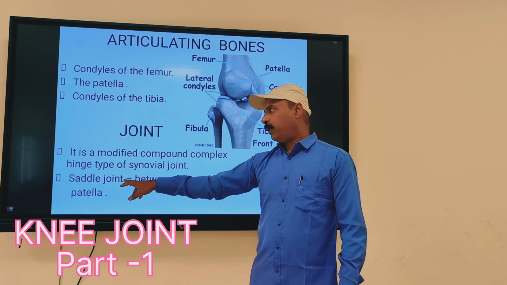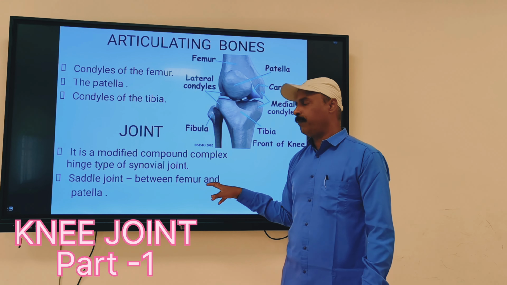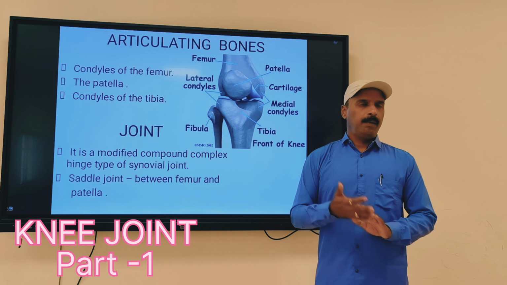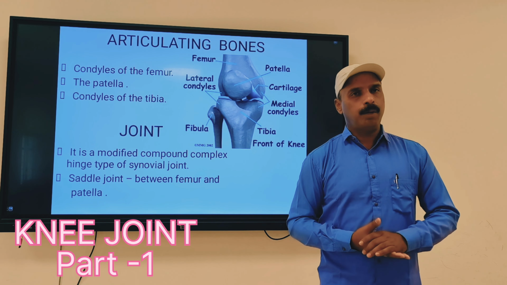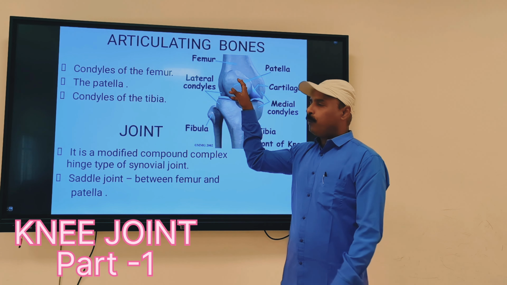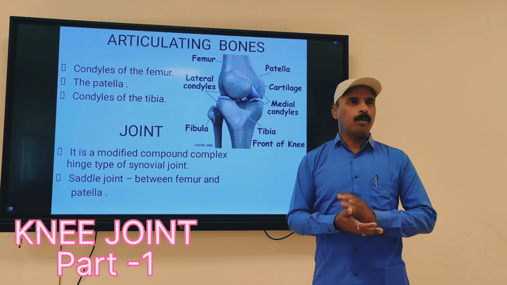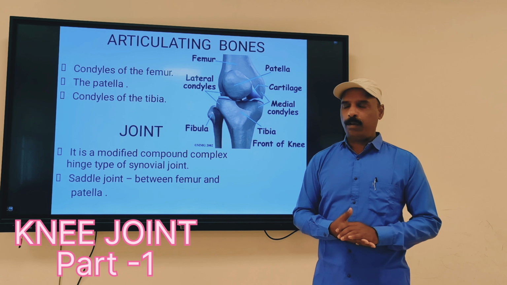Then the saddle joint, which is especially between the femur and patella. You have come across the types of joints, and in that you have the saddle variety. In the saddle, the articular surfaces are concave convex.